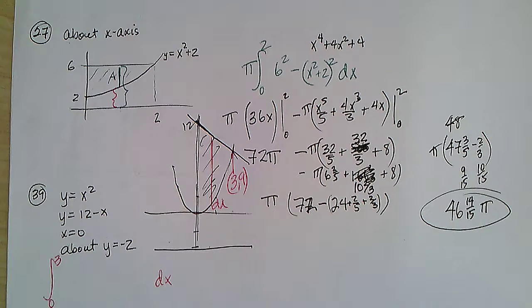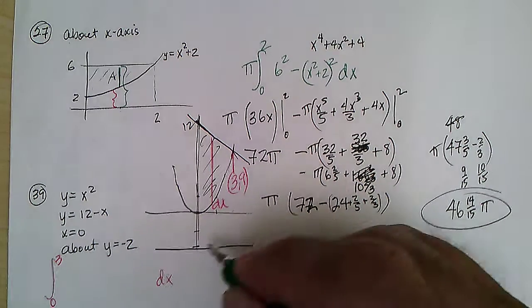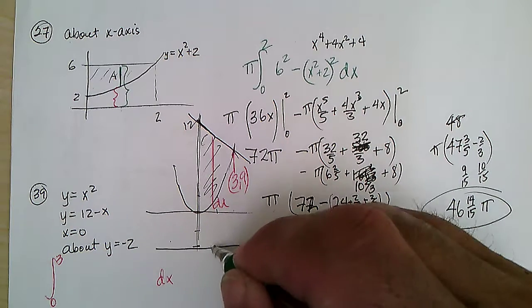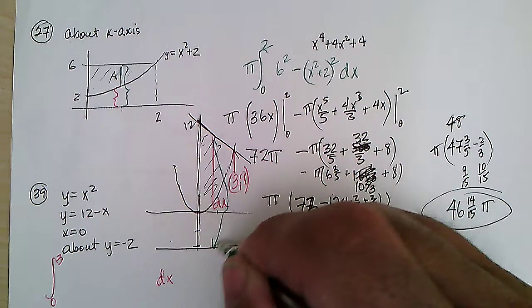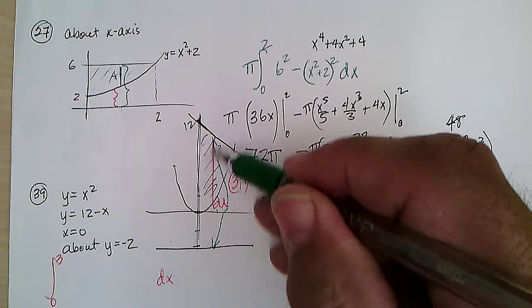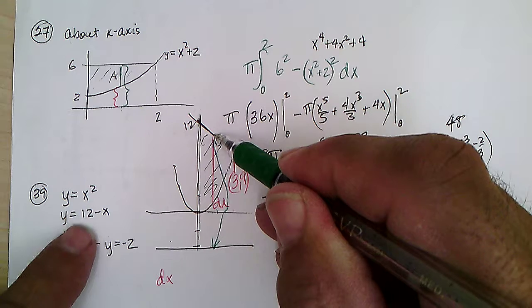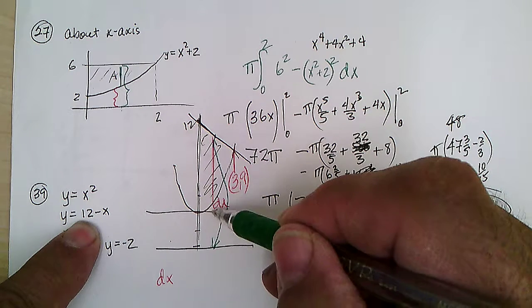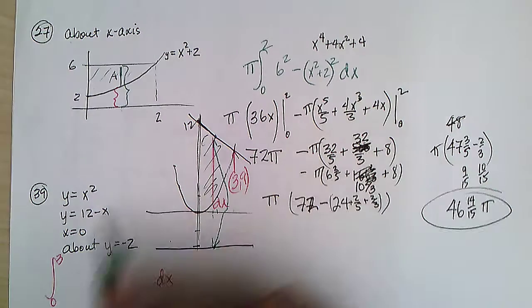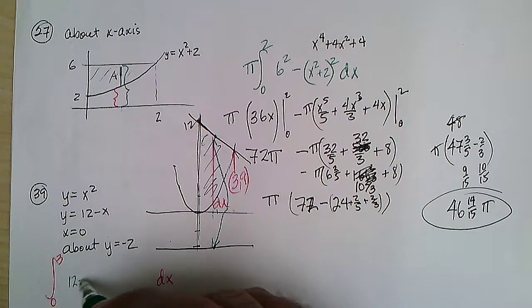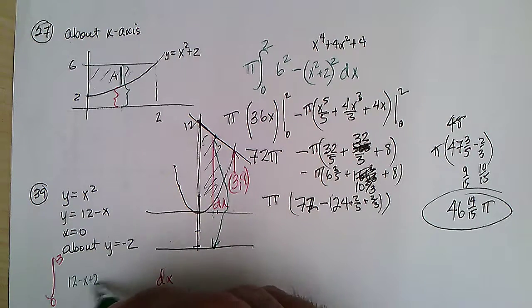And it's going to be the large radius, which is from here clear up to there. Well, this height is that y, but that's only from there to there. We have to add 2 more. So it's 12 minus x plus 2.